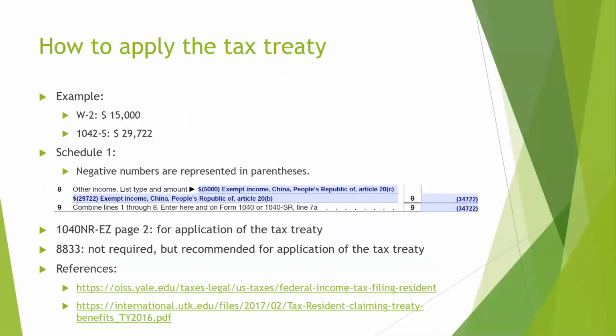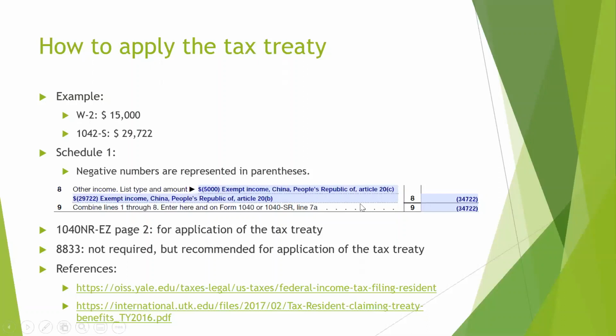So it sounds a little bit complicated, but I want to show you an example. For example, I received a W-2 form with a wage of $15,000 and a 1042-S form with a scholarship of about $29,000. So this is what I put in the Schedule 1 form. And just a reminder, the negative numbers are represented in parentheses.